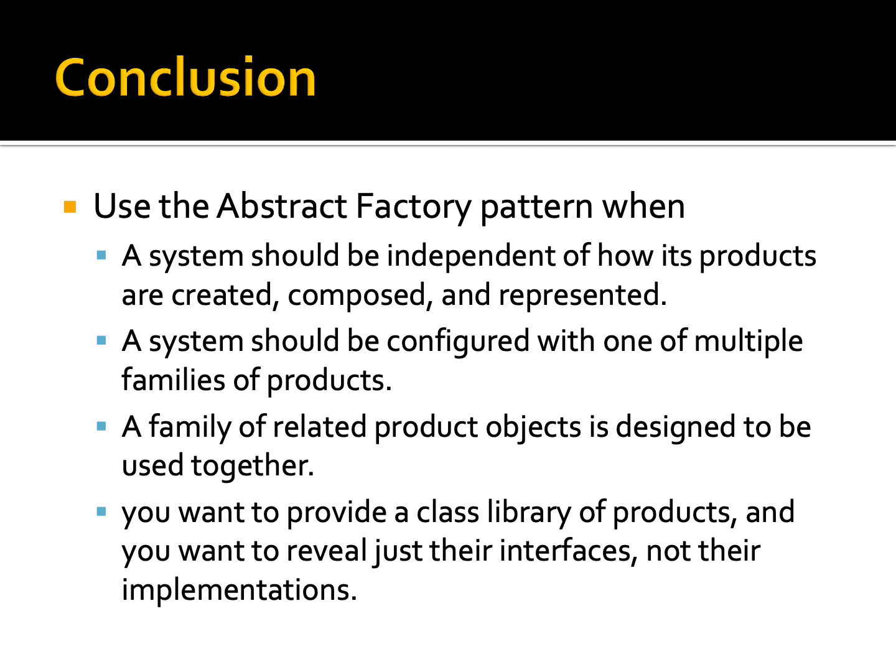A family of related product objects is designed to be used together. For example, in a drawing framework, you can use the shape, the color, the pen, the border, and many other controls together. So if you want to provide a class library of products and you want to reveal just the interfaces, not their concrete classes or implementation, as I have already told you that many design patterns are already implemented in different libraries.